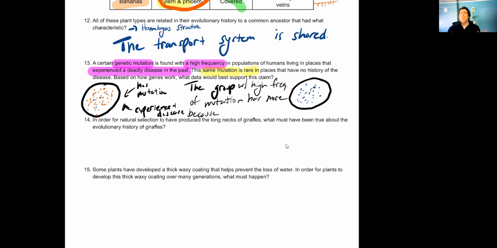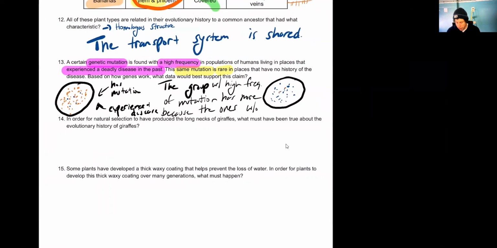And so if all of the people die that don't have the mutation, over time you would have a population that all has it. They all survived this deadly disease in the past, and so they all have this mutation, because the ones without the mutation died.